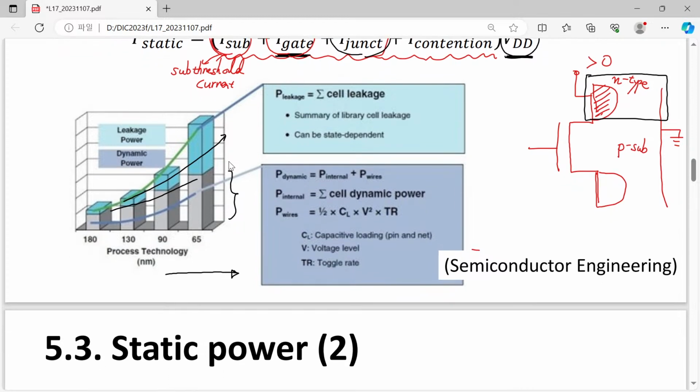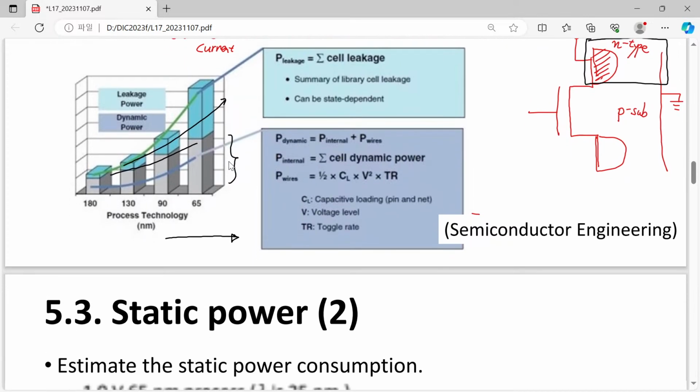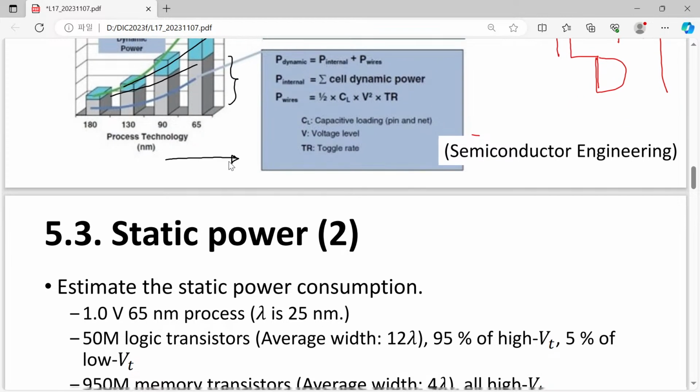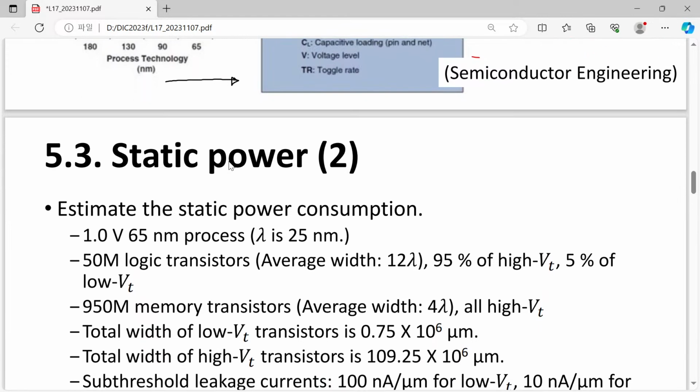Also, that is related with one thing. We are now living in the mobile era, so we are really critical about battery life. That's the reason why static power consumption matters, as it is spent without doing anything.